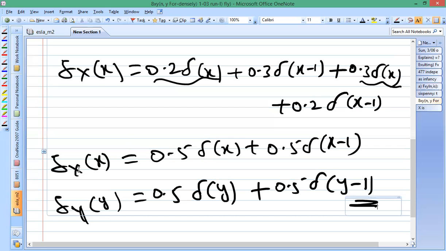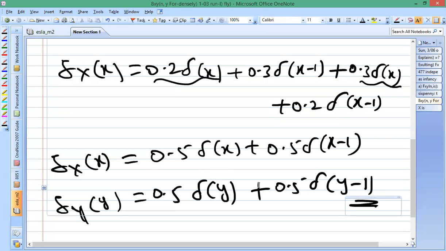So here, whatever fx of x we have written for the PDF in terms of the delta function can be rewritten in terms of the unit step function in order to get the CDF Fx of x. So here we have 0.5 delta of x plus 0.5 delta of x minus 1. Expressing this in terms of the unit step function, it is 0.5 u of x plus 0.5 u of x minus 1.